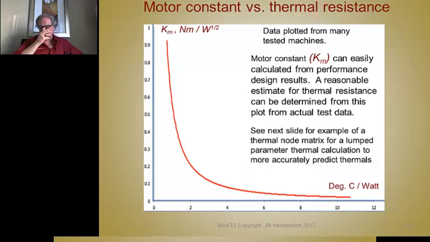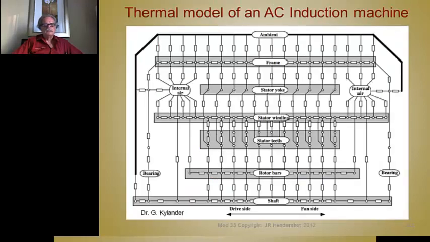You still have to measure, but this is a good indication of a start. And the other thing you could do, if you have a lot of motors in your company, is make these measurements to develop your own history, and you could compare that with rotor surface area and volume.